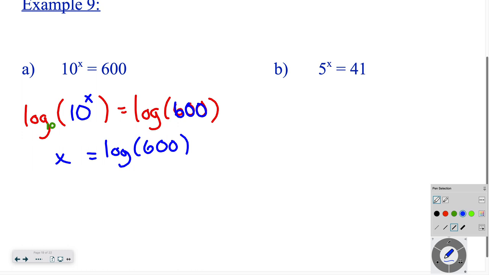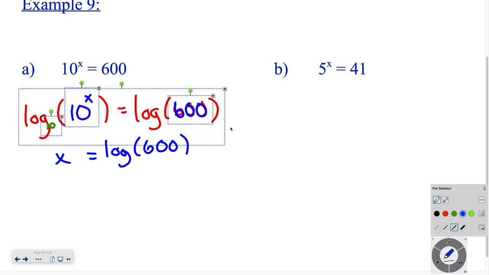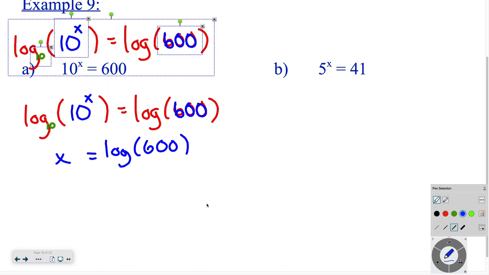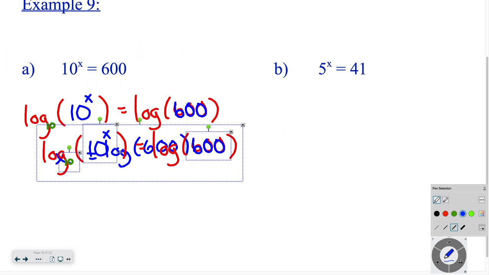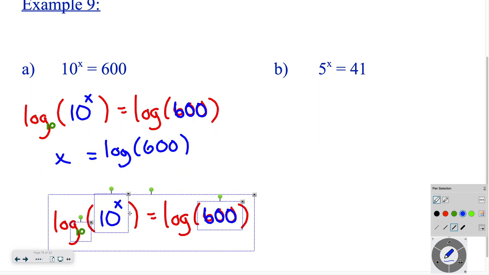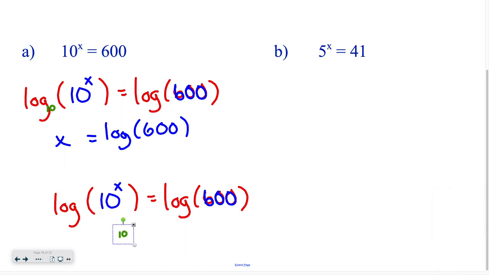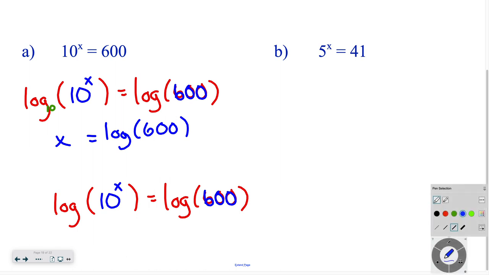Alternatively, for this one right here, if you want to look at it from a different perspective, meaning not necessarily that inverse operation, we can use the same idea with the power, right? So we still take the log of both sides. But right now you're less worried about this 10 being the common log. It's still the common log, but you don't have to really focus on it.